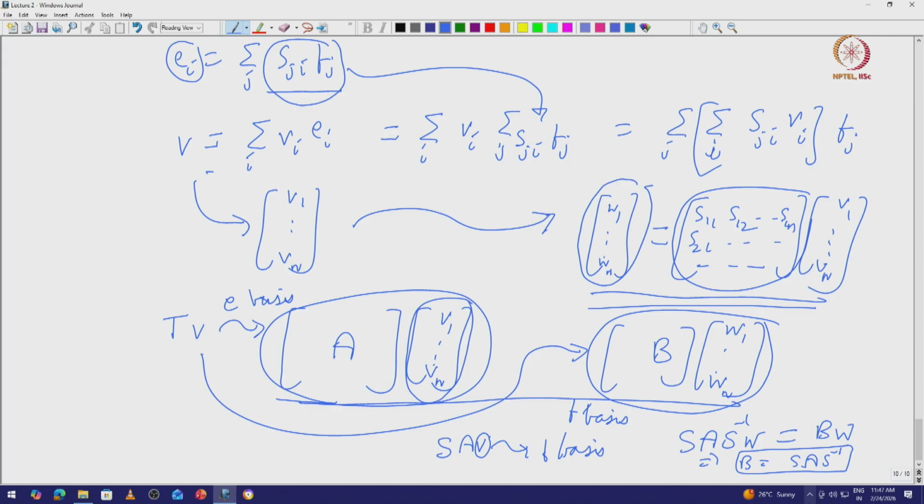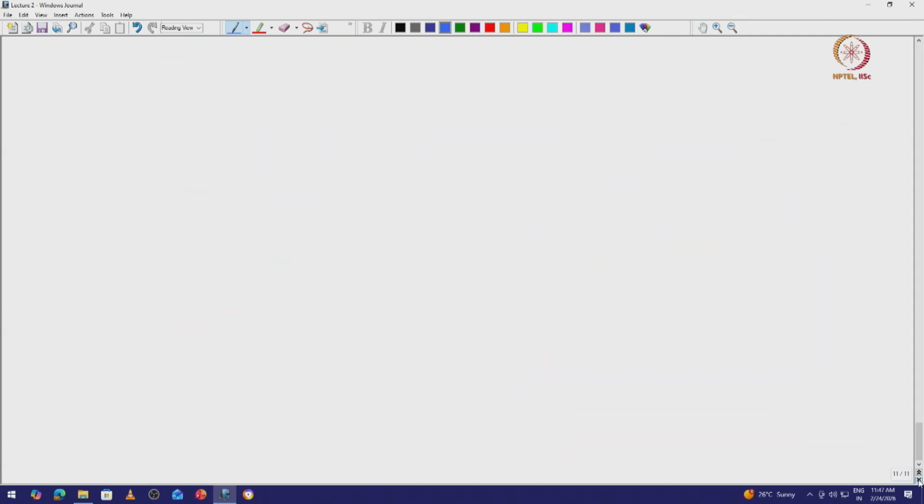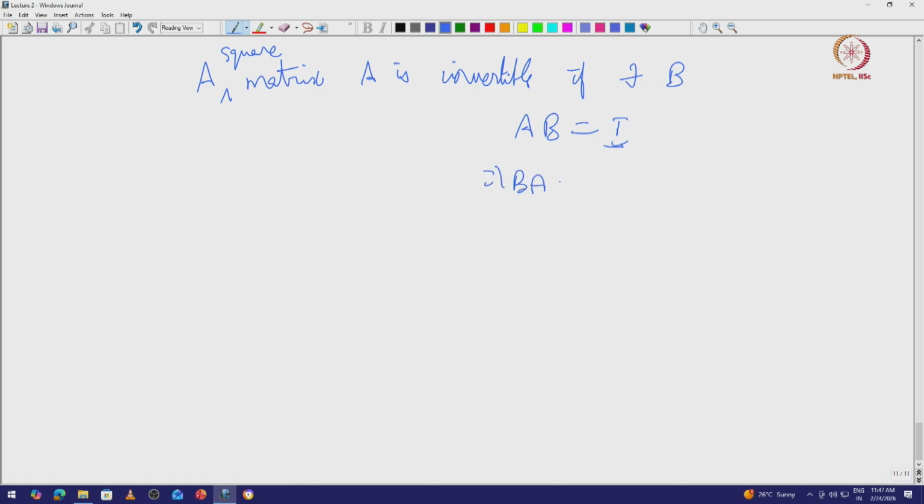Just to take a step back, a square matrix A is said to be invertible if there exists a matrix B so that AB is identity. It turns out if AB is identity, then BA will also be identity. And this B is written as A inverse and it's called the inverse of the matrix.